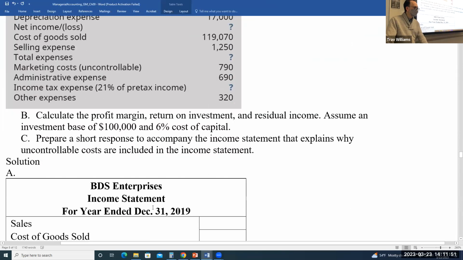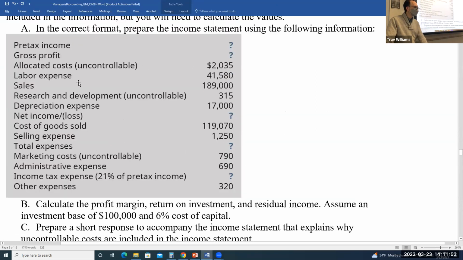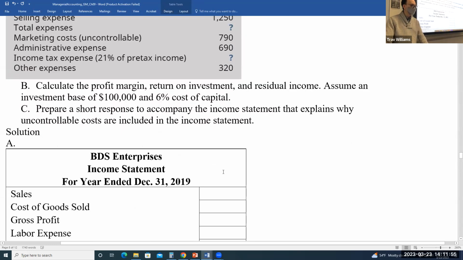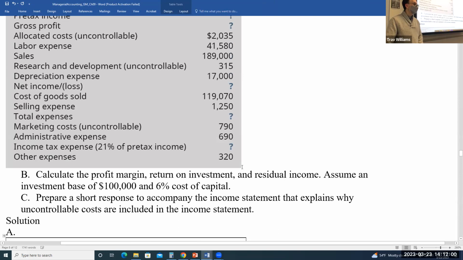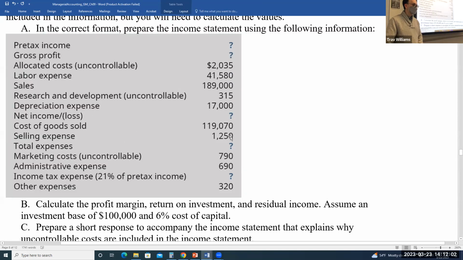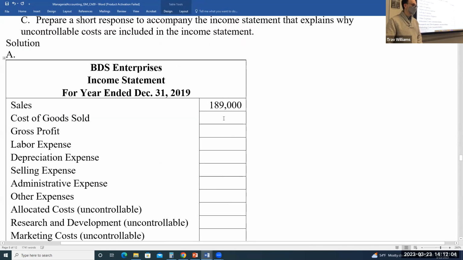Okay, so we start with sales. We look up here, sales is $189,000. Cost of goods sold, $119,070. How do we get gross profit?